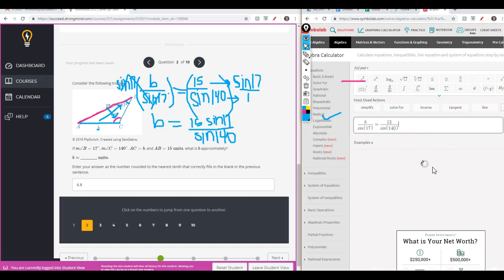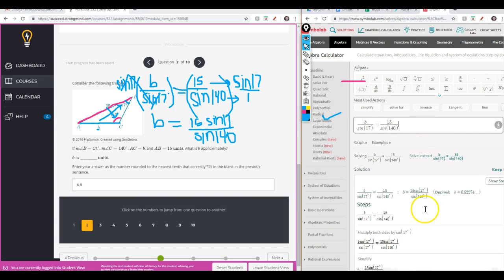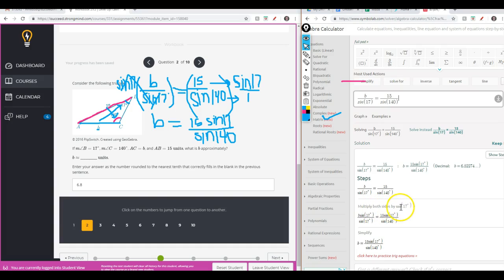And then it will show you the steps. It says multiply both sides by sine of 17 degrees. That's what we did. Then it reduced it down to 15 sine of 17 degrees divided by sine of 140 degrees, which is exactly what we did, and then it gives us the decimal. So again, if the algebra is a little rusty, you can use this to support yourself.